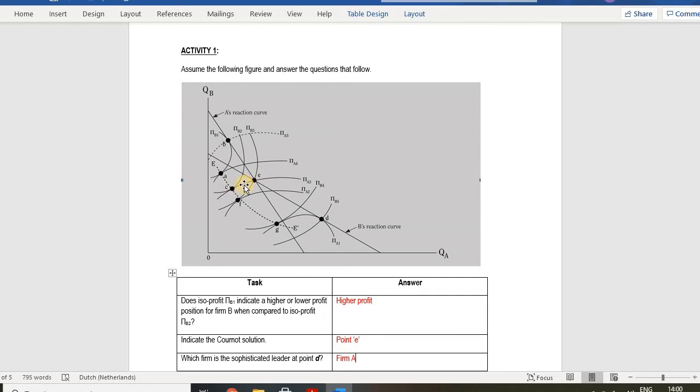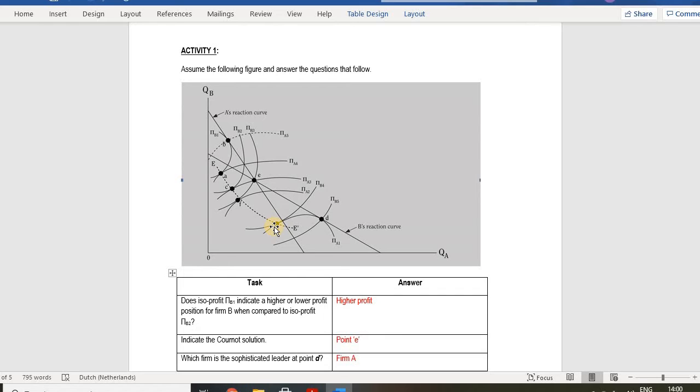It is shown by the isoprofit A3, and then firm B realizes a profit of B3. This is the point, the isoprofit at this point.